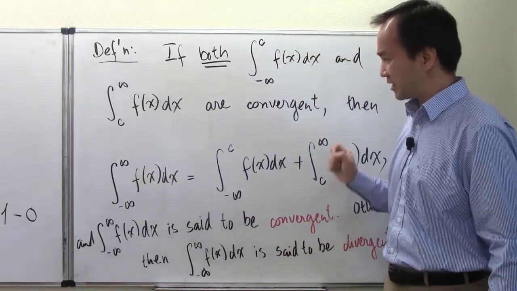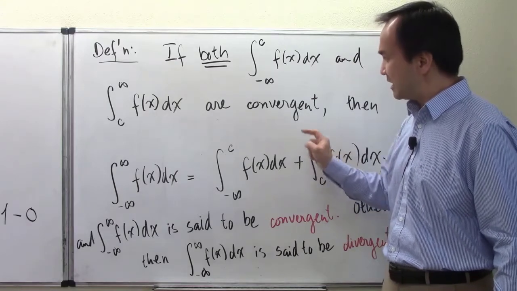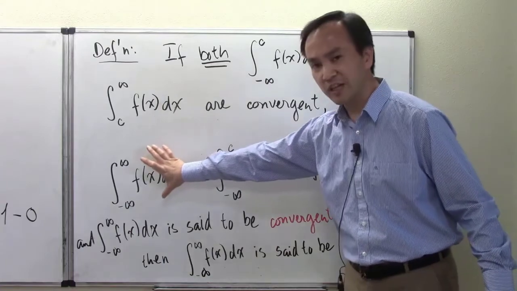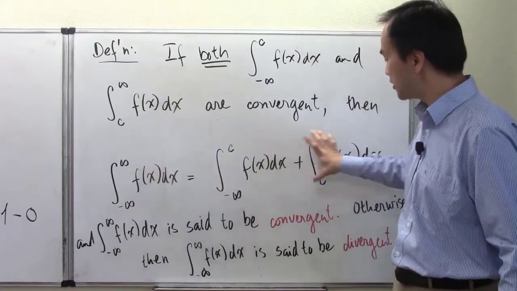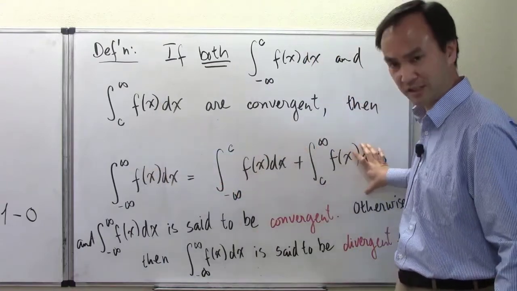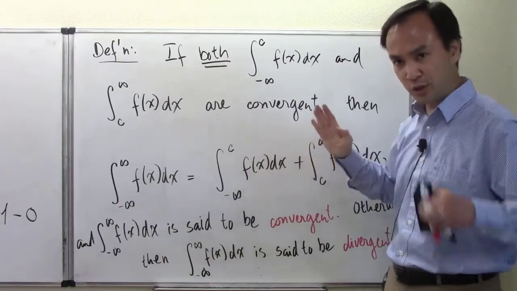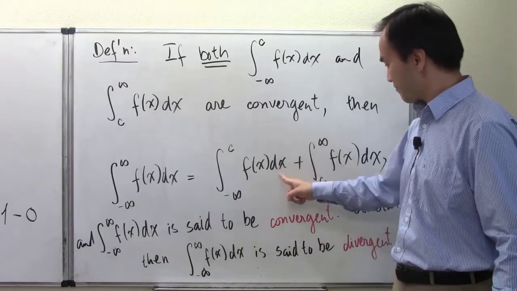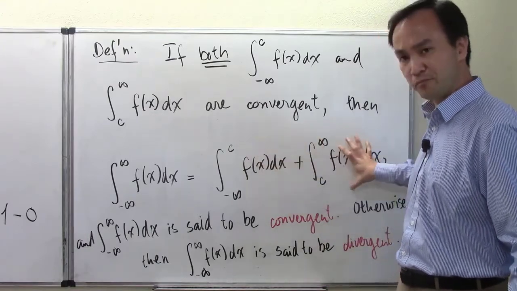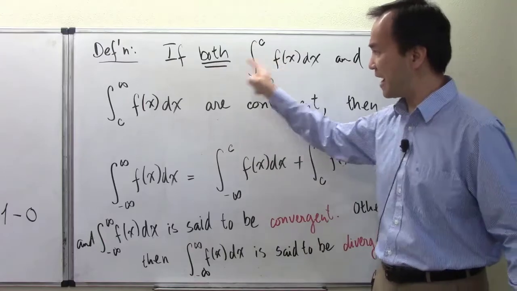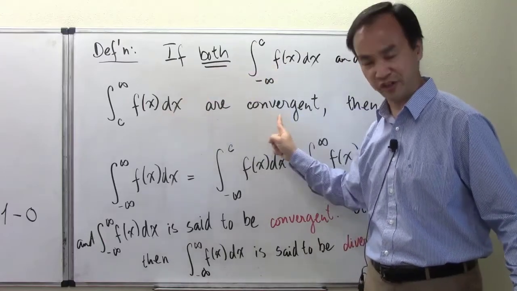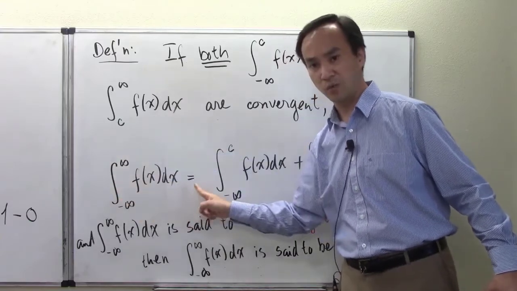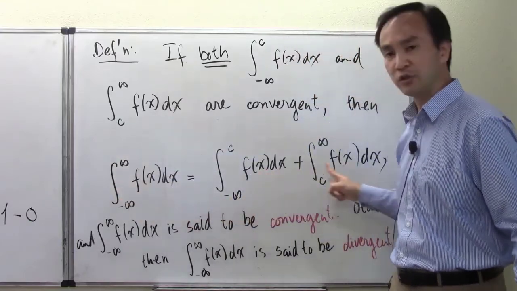And so again, it's strictly important to understand that anytime you are given a problem like this, we have to first start out considering two separate improper integrals. There are two separate improper integrals to handle, okay? And then once we have found out that both of them are convergent, then we can say that the answer to this problem right here is the sum of the two separate problems here, okay?